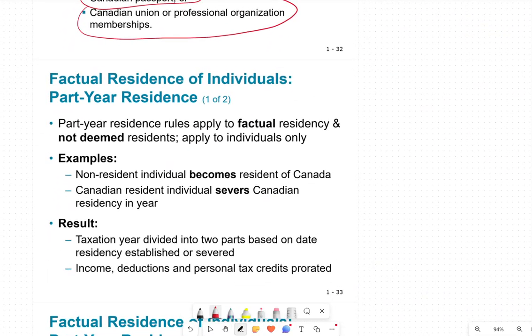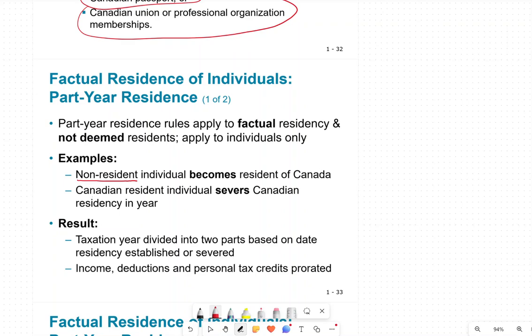Sometimes you could be a part-time resident. An example would be a non-resident individual who becomes a resident of Canada, meaning you came into Canada for a portion of the year.